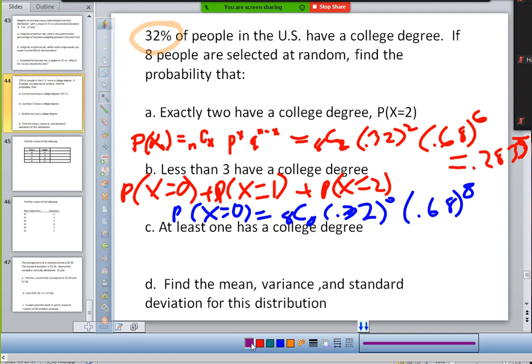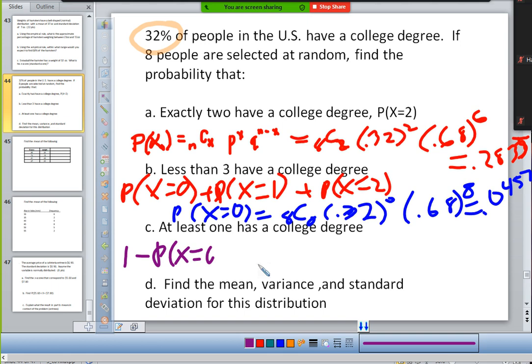Oh, what did you guys get for this one? Did you guys get an answer for this one yet? Felicia? Sarah? 0.0457. Okay, so at least one is 1 minus the probability that x is 0.